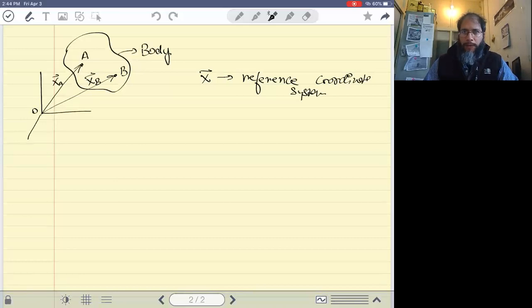So we have an infinite number of points inside the body. To be able to locate the configuration or the position of different points inside the body, we can define a function or a mapping. This function we'll call kappa.